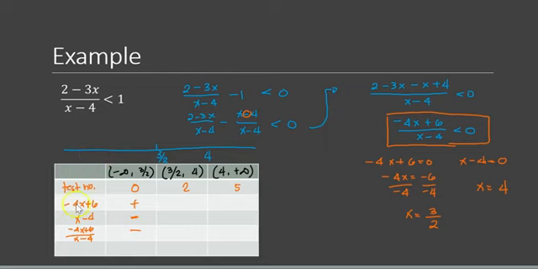When x is 2, that's negative 8 plus 6, so this is negative. And then 2 minus 4 is negative. Negative and negative, positive. Okay, then 5 times negative 4, so obviously this is negative, but this is positive. So when you divide this, you have a negative sign.